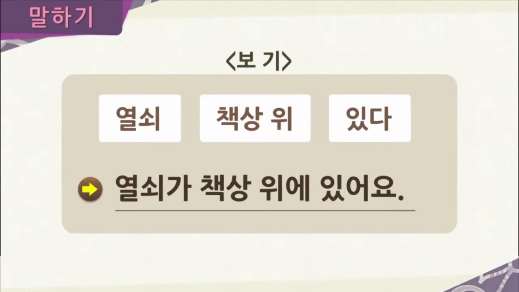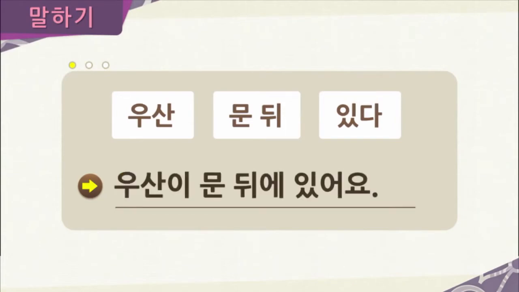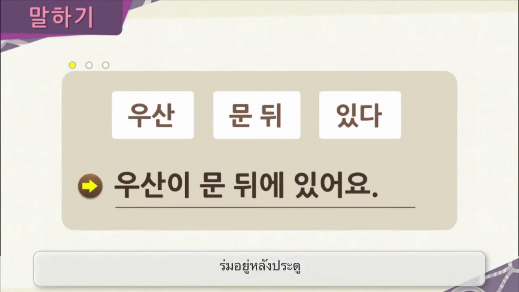Good. Now let's move on to the next one here. We have 우산, 문 뒤, and 있다. Now, how would we combine these words into a sentence? Correct. We would say 우산이 문 뒤에 있어요.